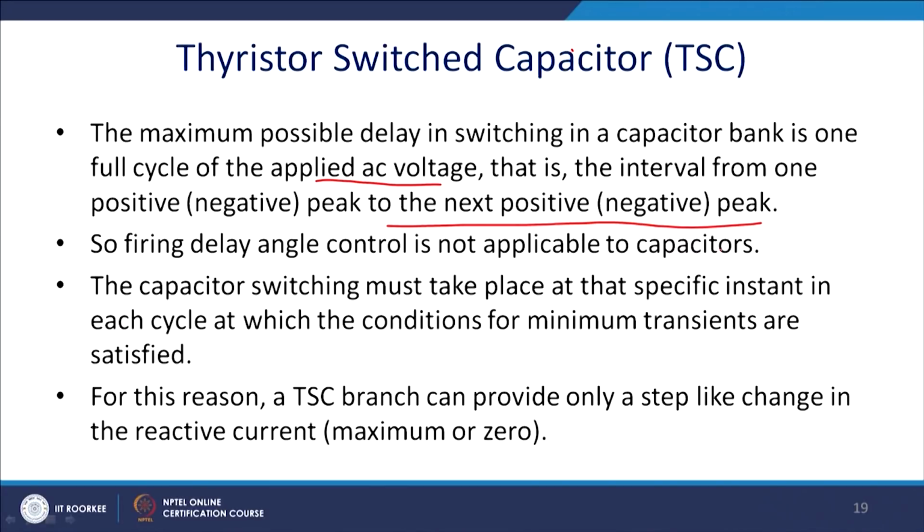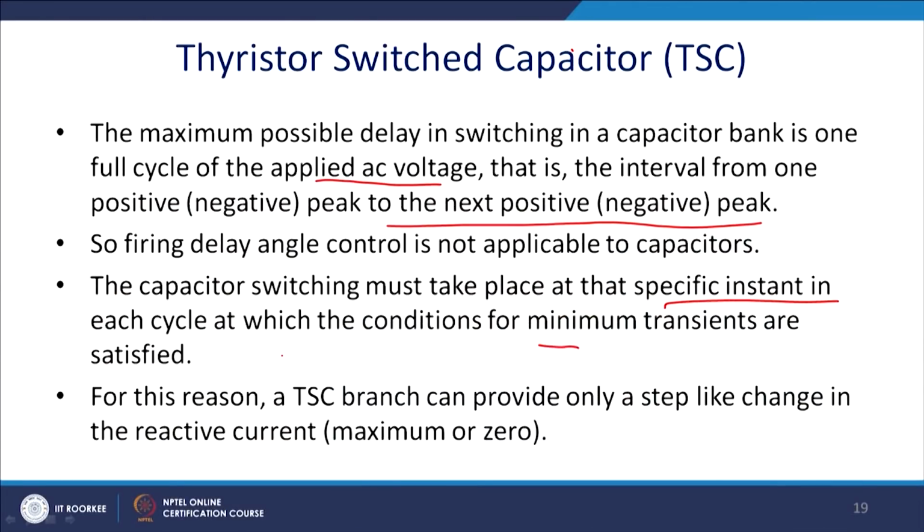Firing delay control is not applicable to the capacitor. The capacitor switching must take place at a specific instant in each cycle, where there will be a condition of minimum transient, that means where the applied voltage and the capacitor voltage become equal.